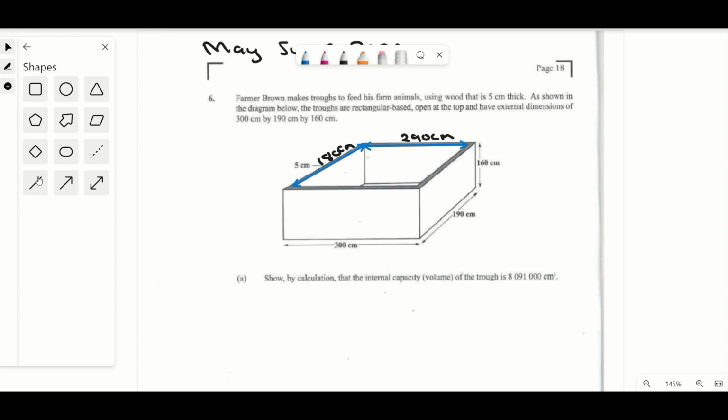And then your height. If we look at the height, there is a piece here that is also 5.